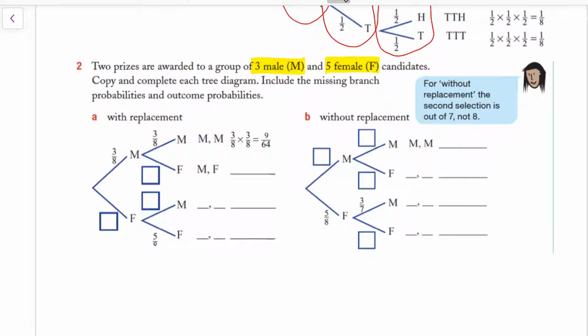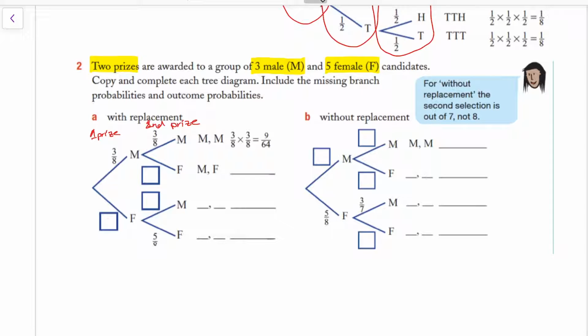They've asked us to copy and complete, but you can write this in your notebook, and to finish off the missing outcomes. Because there are 2 prizes, this is going to be the first prize, and this is going to be your second prize.